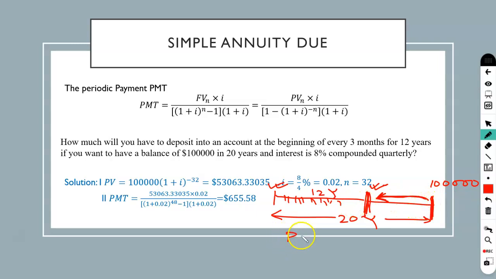So your formula is PV = FV(1 + i)^-n. So future value is 100,000. i is 8% compounded quarterly, so 8 over 4. Now n is for 8 years, 8 compounded quarterly, so 8 times 4, which is 32.